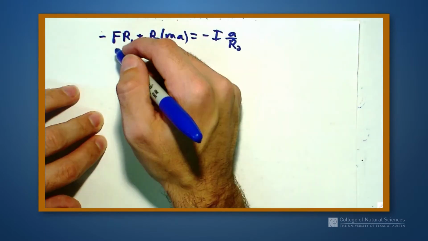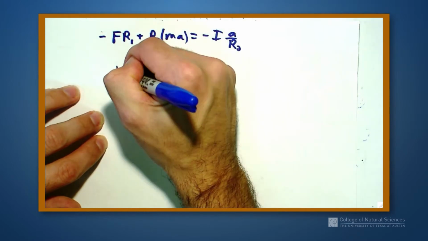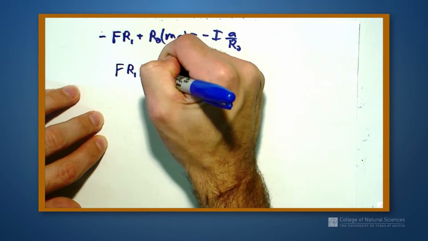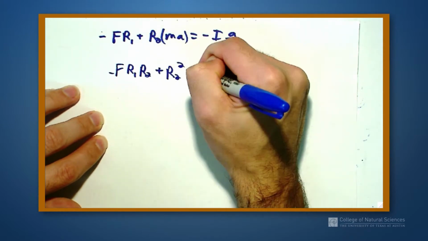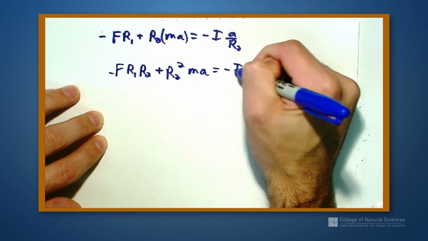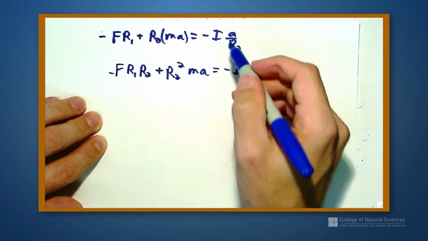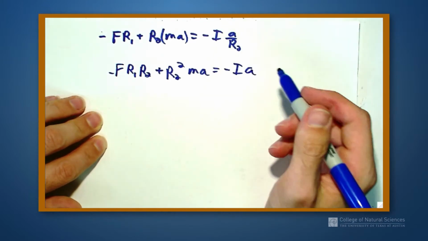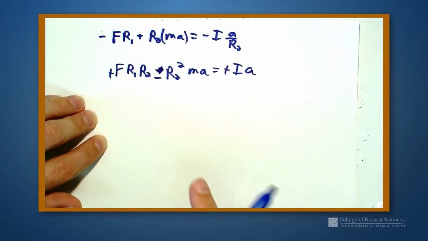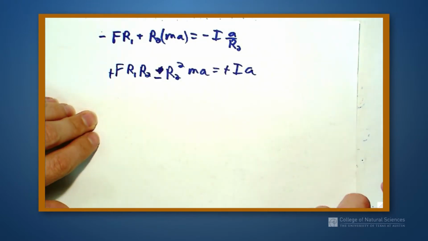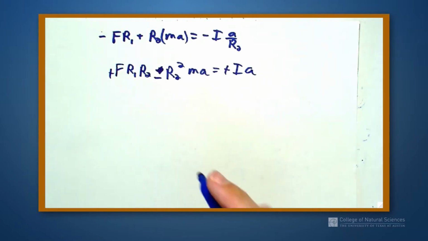And I get that minus FR1 R2 plus R2 squared MA is equal to minus IA. I just multiplied through by R2. I'm going to change this to a minus sign because it makes my minus signs work out a little bit better.